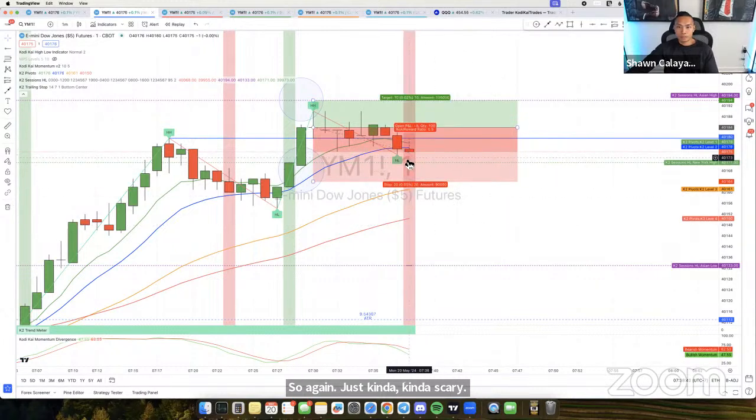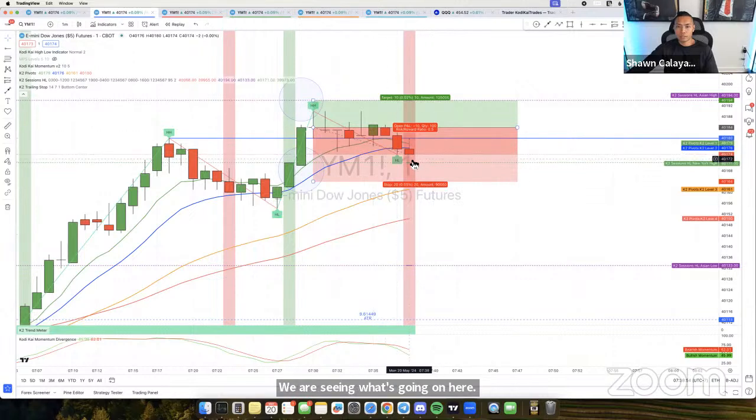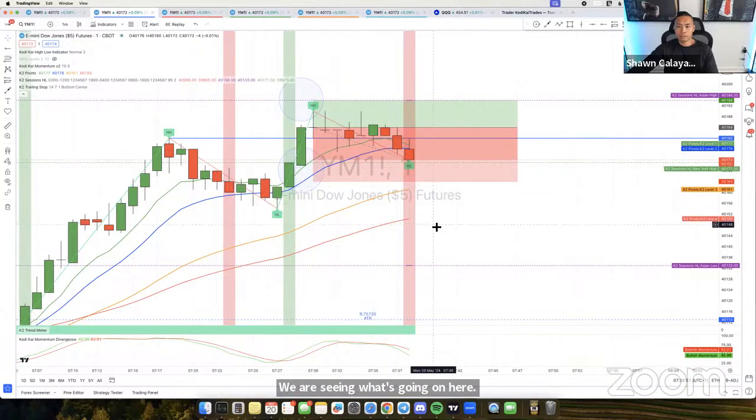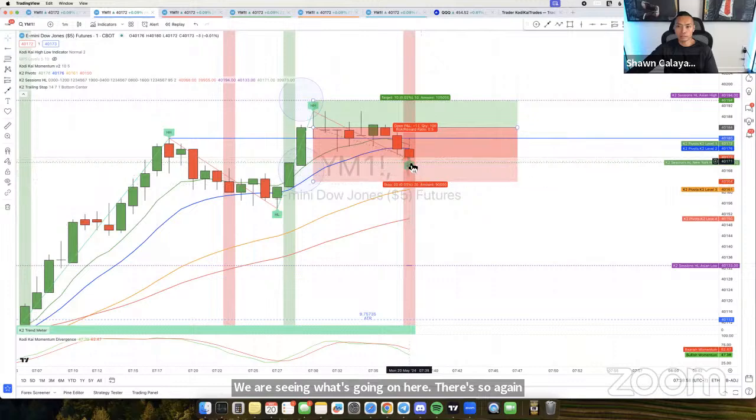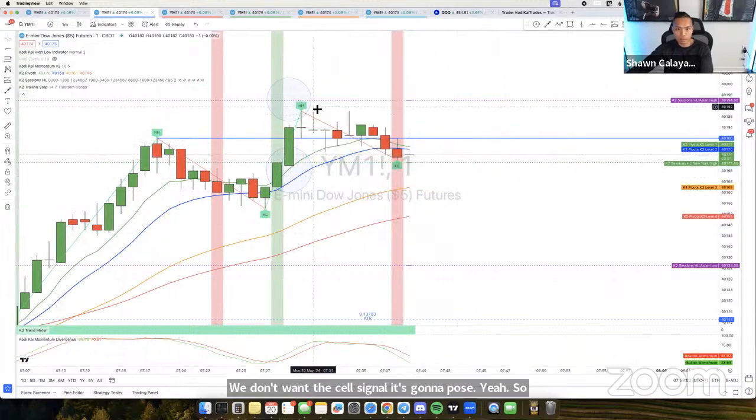All right, so looking at this right here, guys, we are seeing what's going on here. Price is pushing back down. The volatility is picking up a little bit. We don't want the sell signal. It's going to close. So unfortunately, guys, I'm just going to take this off because I'm not in that position.